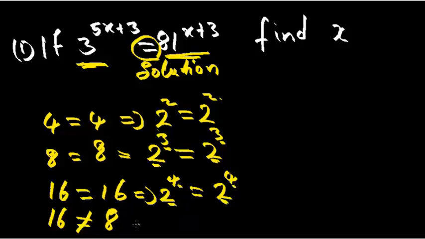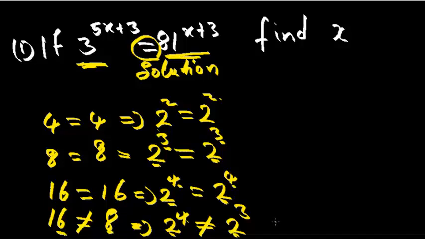Now if you come to the last one, you have 16 is 2 exponent 4, and then you have 8 is 2 exponent 3. So here you see that the bases are the same, 2, 2, but the indices are not the same. The index here is 4 and the index here is 3. You see that because the indices are not the same, that's why the value at the left side is not the same as the value at the right side.